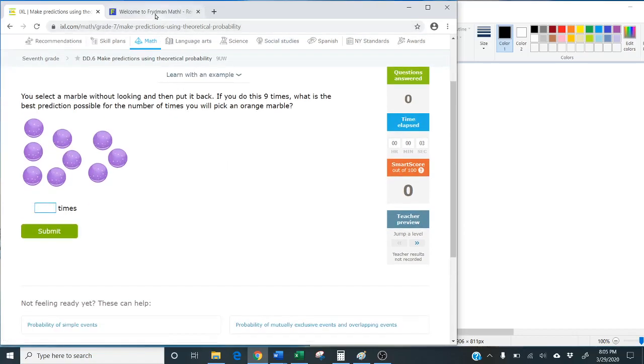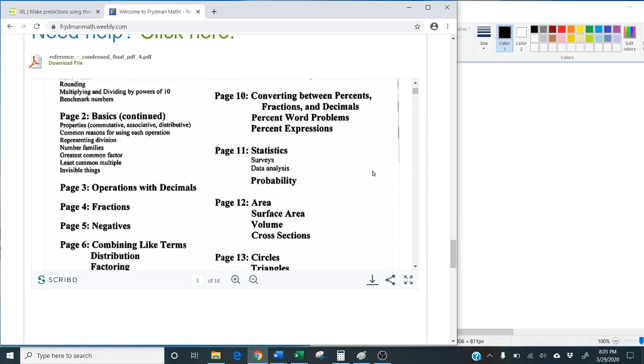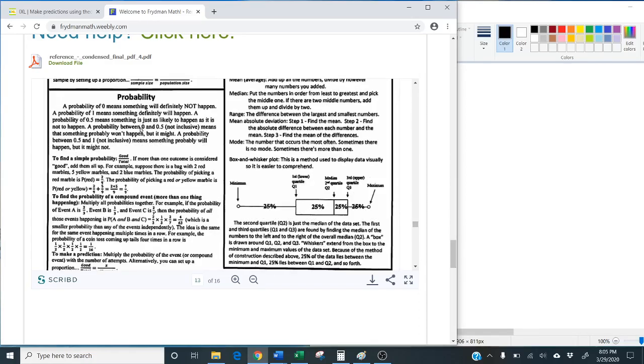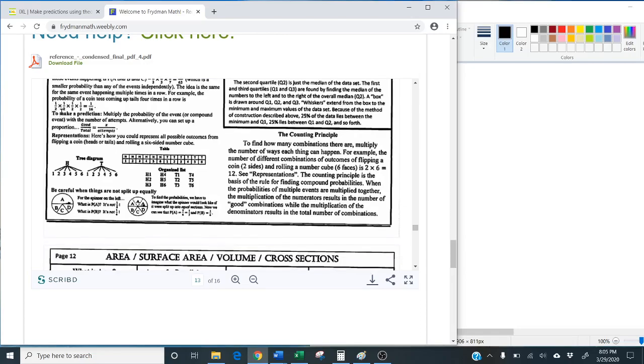All right, let's go ahead and just read a little bit of the reference page on probability, which is page 11. The only thing we're going to need here is how to make a prediction. To make a prediction, we multiply the probability of the event or compound event.